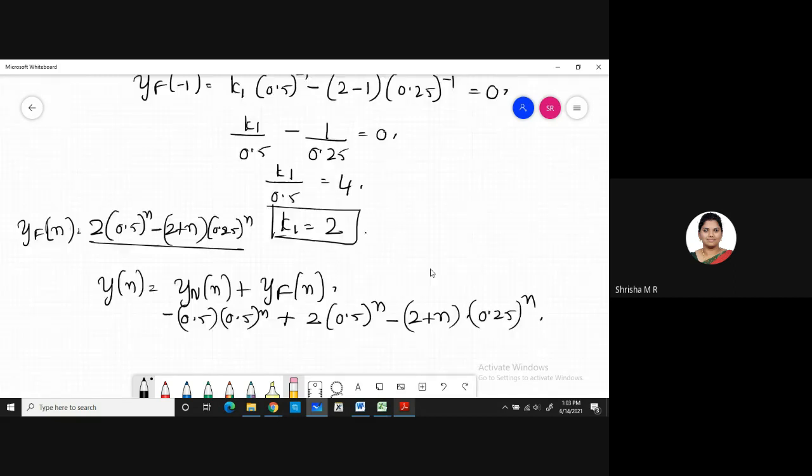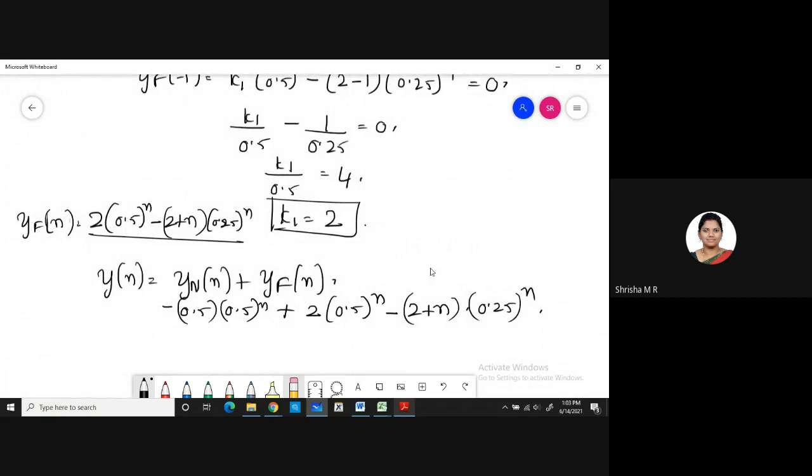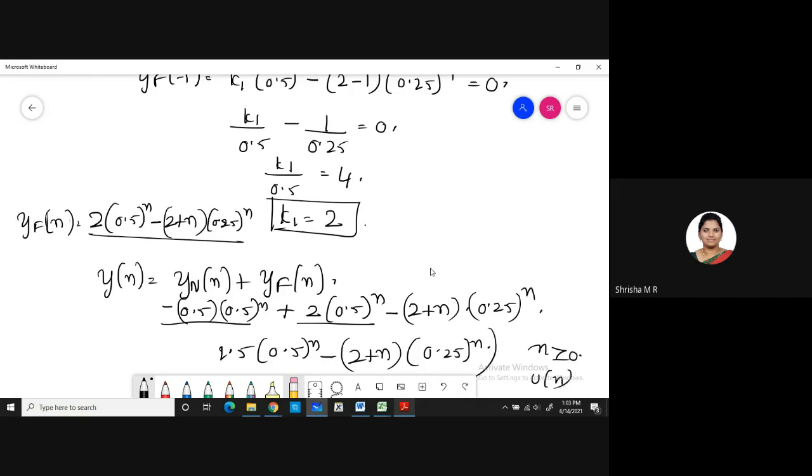You can solve this, right? This and this, so you will have 1.5 into 0.5 to the power of n minus 2 plus n into 0.25 to the power of n. Got it? For n greater than or equal to 0, or multiply that with u of n. Understood, everyone?